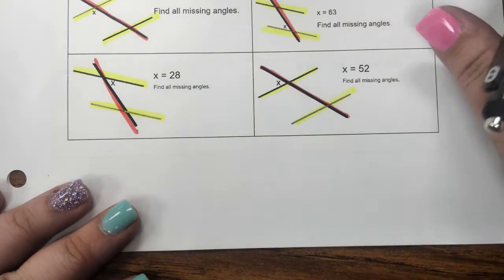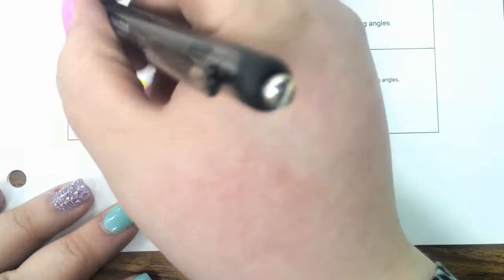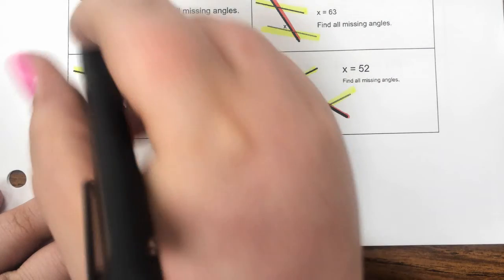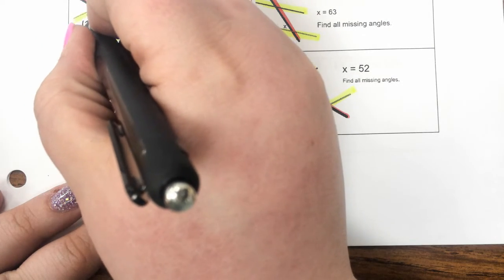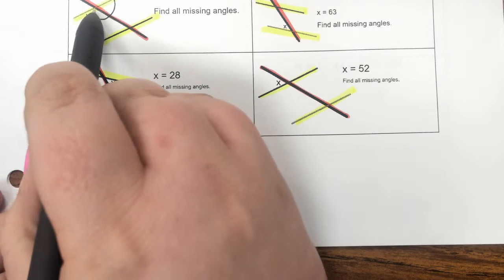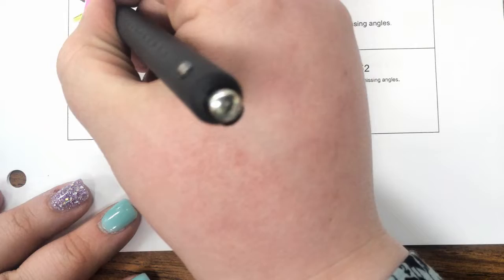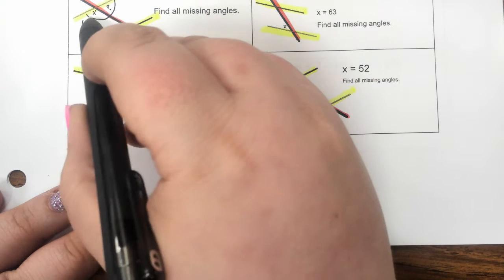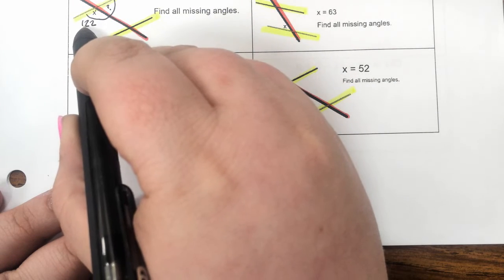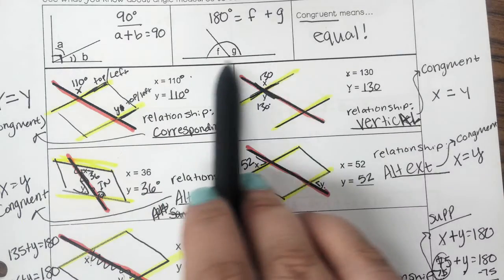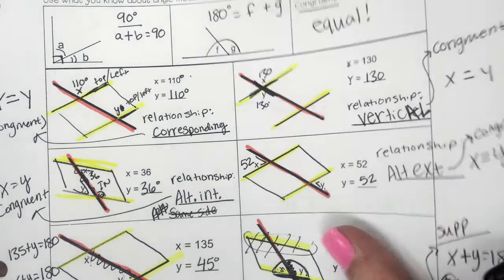The one math problem I have to do is to figure out, here I have a straight line. I already know x is 122. This is 122 degrees. I have a straight line, which means this missing piece plus x, which is 122, should create a straight line. And we already know straight lines make 180 degrees.